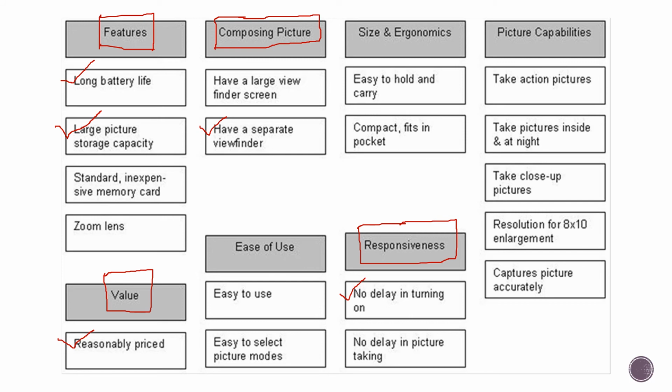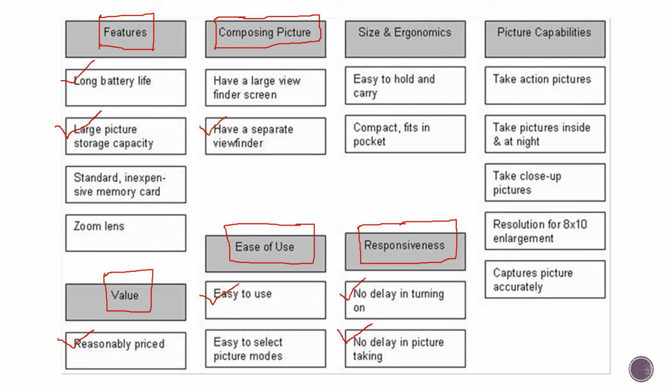Somebody else might say, when it comes to responsiveness, one other thing we can add in this category is that there should not be any delay in taking the picture. And similarly, somebody might say, well, I don't need any delay in picture taking, but at the same time, the camera should be very easy to use. And this comes up in a different category of ease of use.